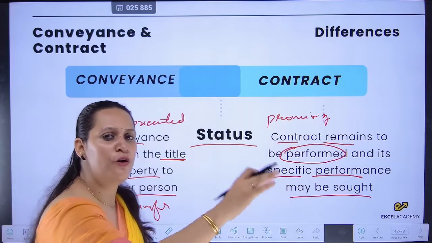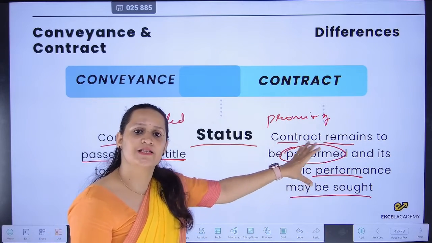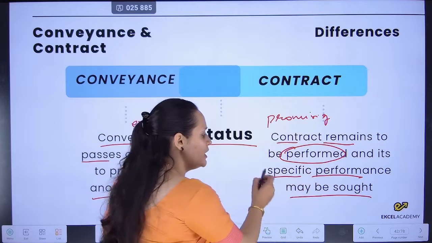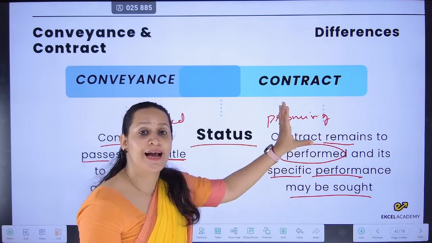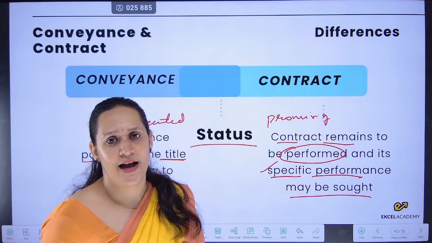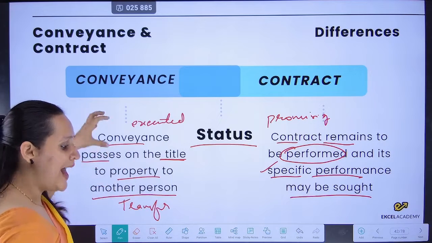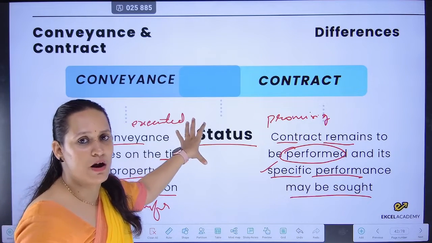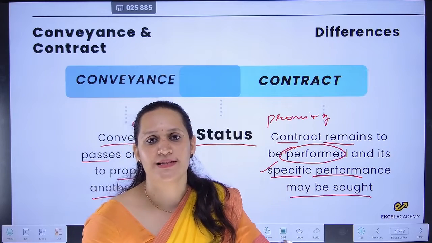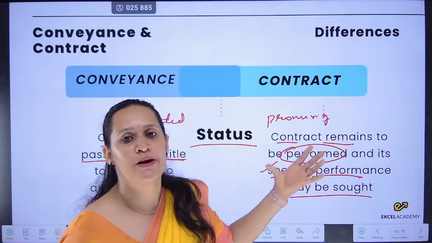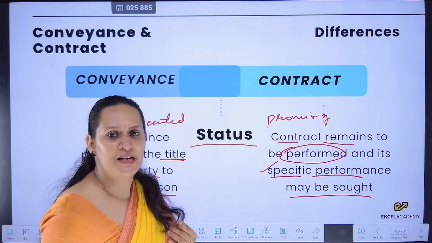We are saying that on a future date we are going to do it, and if on the future date a person does not execute the contract, you have a right to file a case for specific performance, creating an obligation that he has to comply with the contract he has entered into. So with respect to status, conveyance is where today we are actually executing the transfer, whereas in a contract we are merely creating a promise that on a future date we are going to execute whatever is mentioned in the contract.